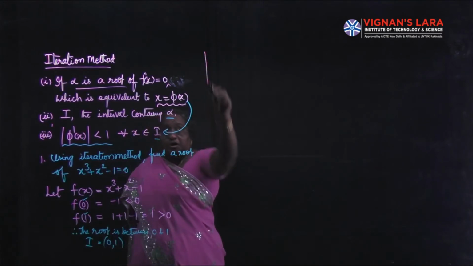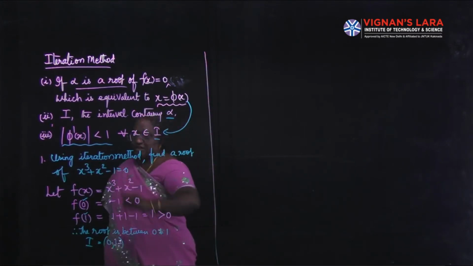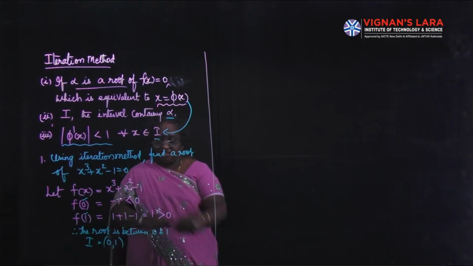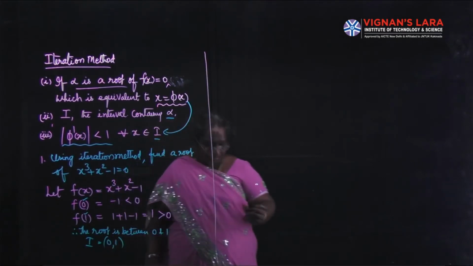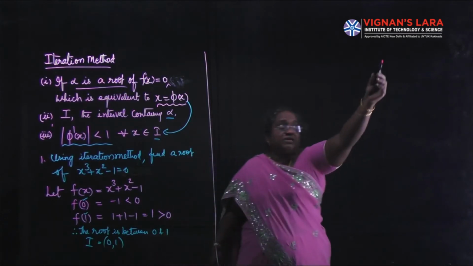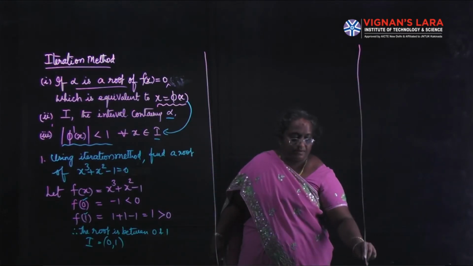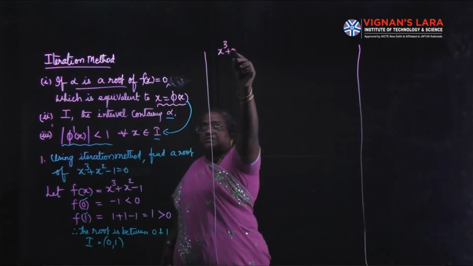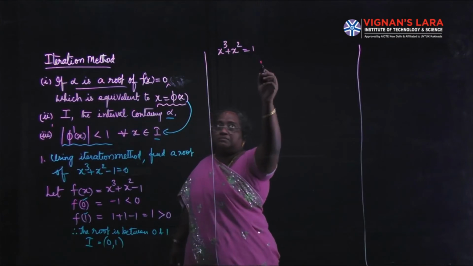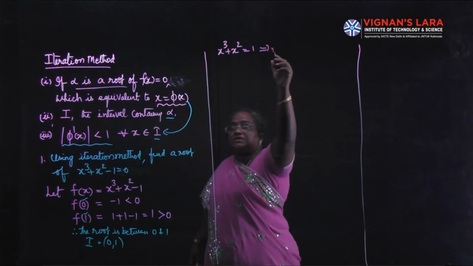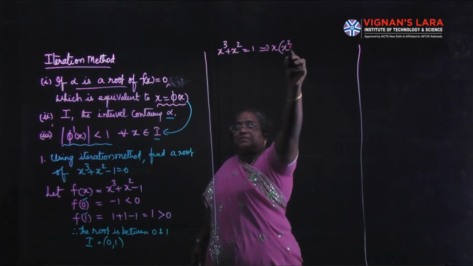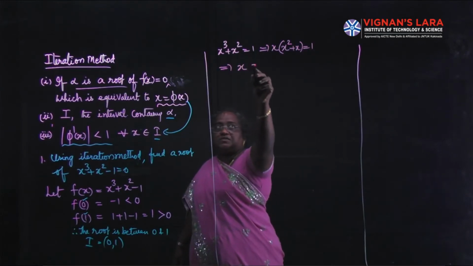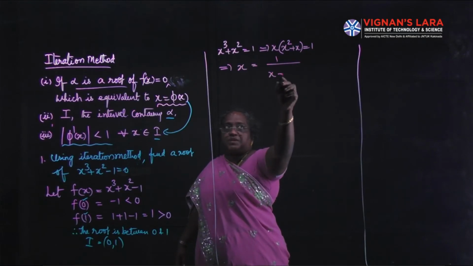Now from the given function, I must be able to write the x value. How many ways can we write it here? We can write x in 4 ways. See, x cube plus x square is equal to 1. This implies x into x square plus x is equal to 1, so x is equal to 1 by x plus x square.